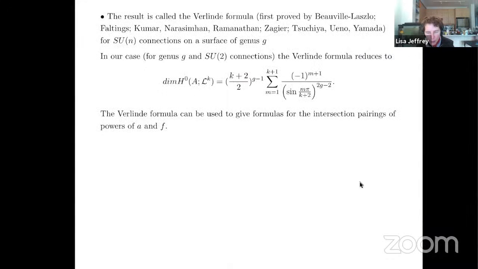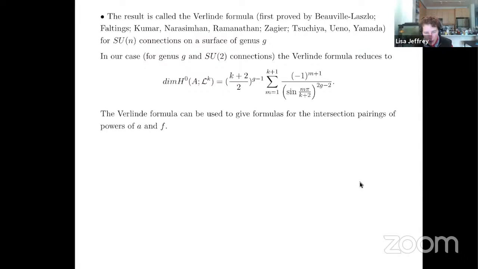This formula was first proved by Bourguignon, Laszlo, Faltings, Kumar, Narasimhan, Ramanathan, Sorger, Tsuchiya, Ueno, Yamada for SU(2) connections on a surface of genus G. There are now more general proofs for more general groups, not just SU(N).